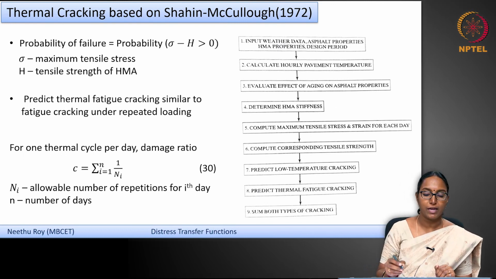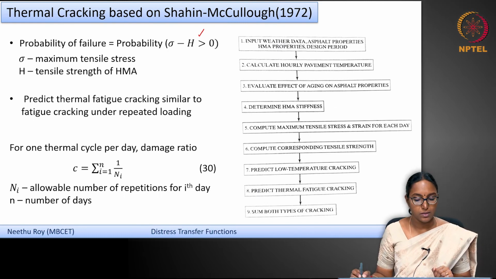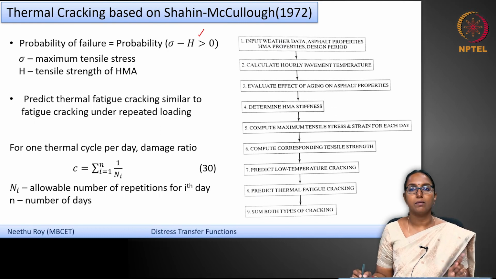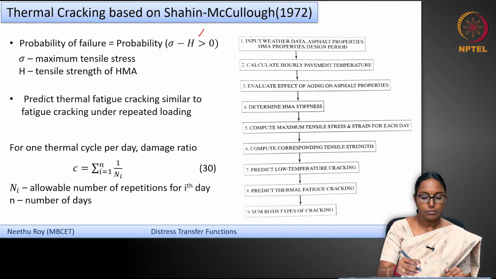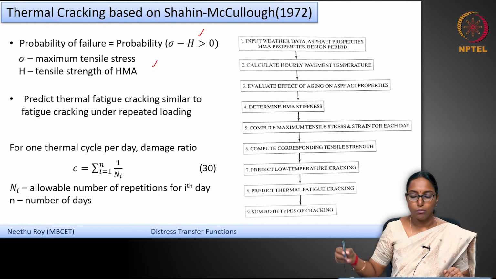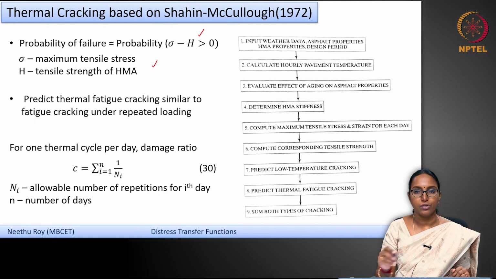The probability of failure is given as the probability that sigma minus h is greater than 0. What is this sigma? Sigma is the maximum tensile stress that is coming, and h is the tensile strength of the HMA material. So at that particular temperature, if the stress exceeds the strength of the material, there is a possibility of failure. This is the first aspect wherein the thermal cracking is predicted based on this approach.